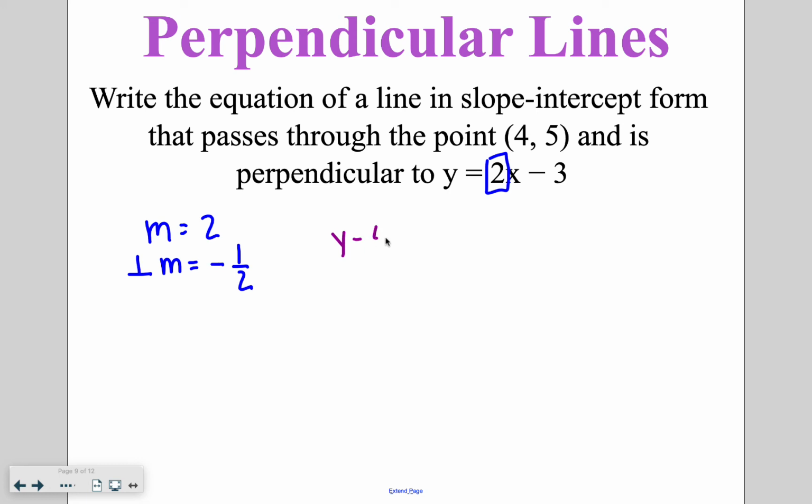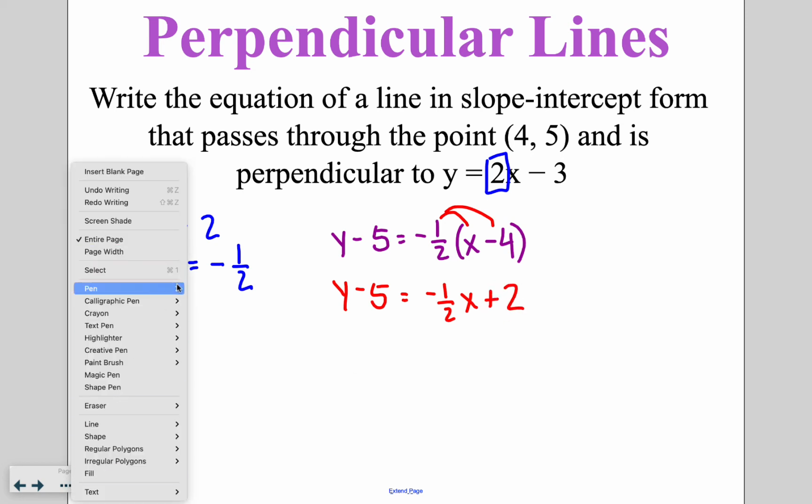So y minus y1 is equal to slope of negative 1/2 times x minus the x1, which is 4. Then I need to get it into slope-intercept, so I distribute. We get y minus 5 is equal to negative 1/2 x, negative and a negative make a positive, and half of 4 is 2.